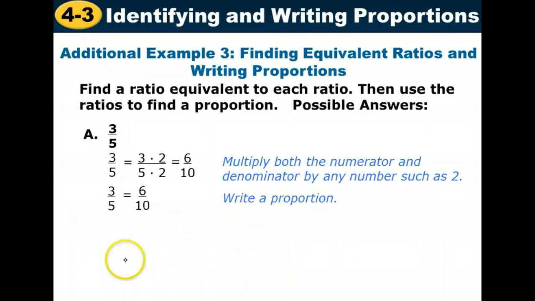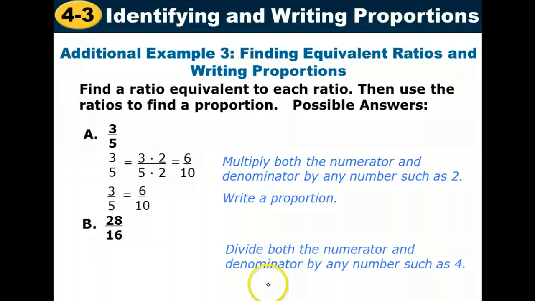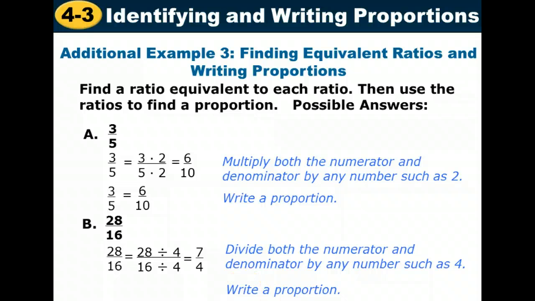So 3 to 5 is proportional to 6 to 10. Here's another one, 28 to 16. This one we could reduce by dividing by the GCF, which is 4, and we will get another equivalent ratio there.